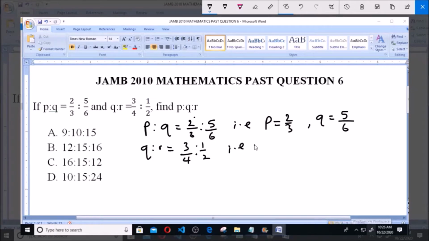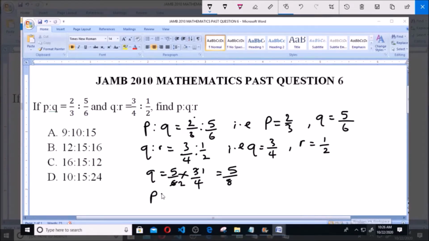That is, Q is equal to 3 over 4 and R is equal to 1 over 2. Looking at this, we have two values for Q, so we can simply say Q is equal to 5 over 6 multiplied by 3 over 4. Now 3 here 1, 3 here 2, so this is equal to 5 over 8. So Q is equal to 5 over 8.